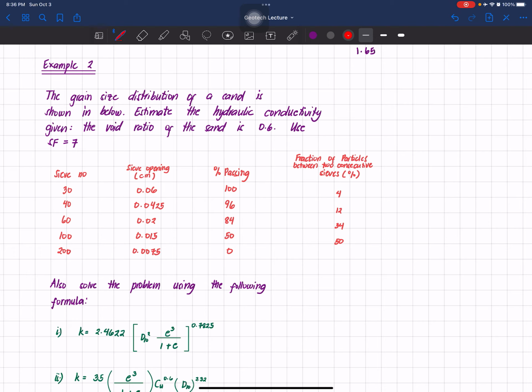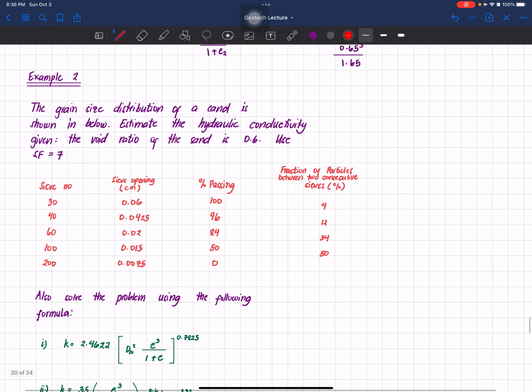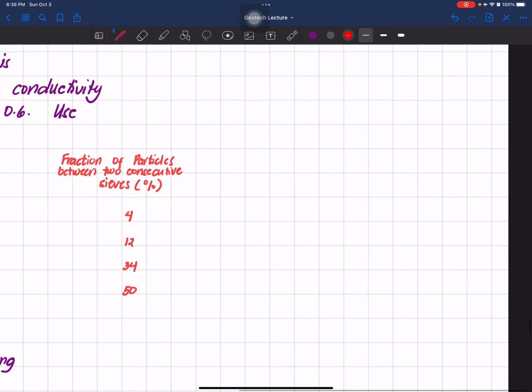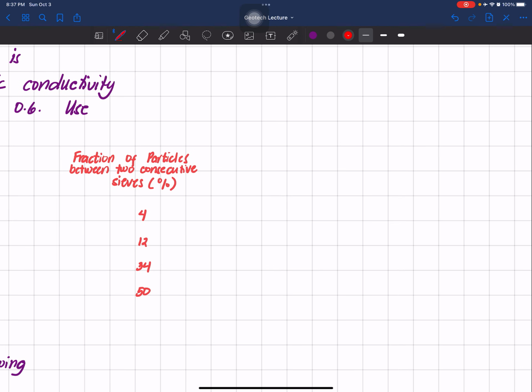Let's look at the formula in the LMS. If you have the LMS with you, there is a formula given there, and it's actually in this form. Let me write it here.